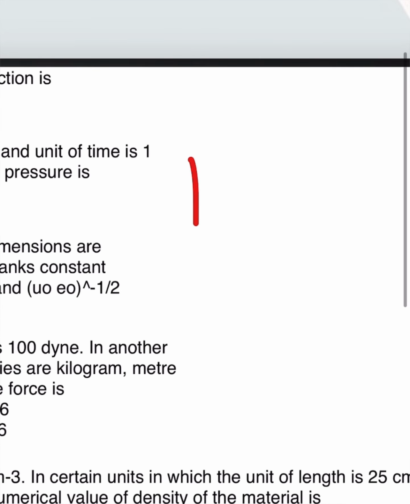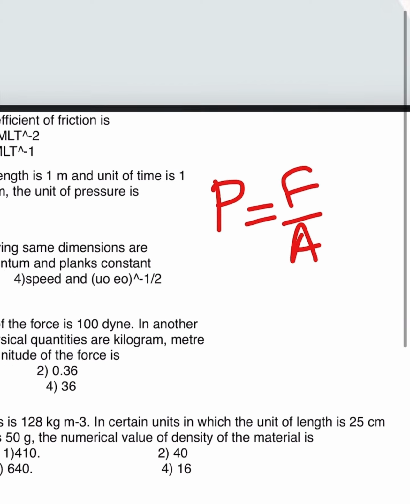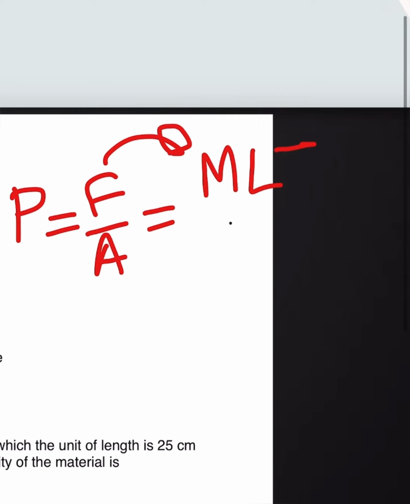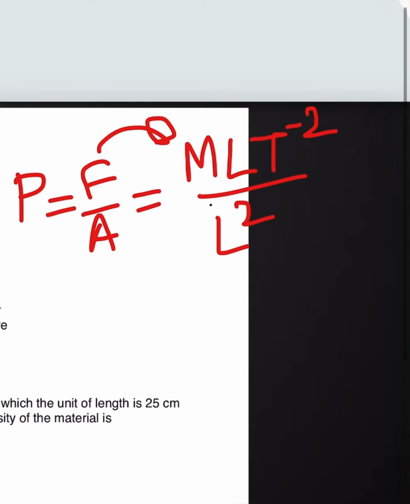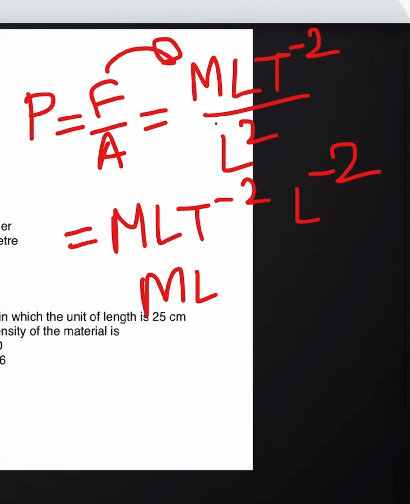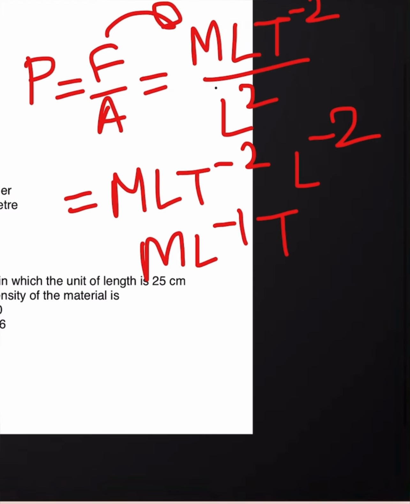We know that pressure is equal to force divided by area. Through dimensions, force has the dimension MLT^-2 divided by area, which has the dimension L squared. So it becomes MLT^-2 into L^-2, that is ML^-1 T^-2.